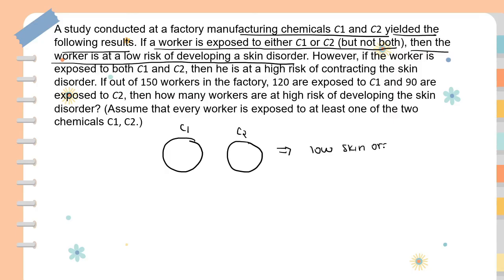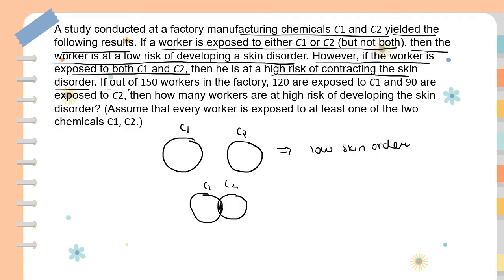Okay, so he will not feel any harsh impact of chemicals. However, if the worker is exposed to both C1 and C2, so let us assume there are some workers who are exposed to both C1 and C2 here, then he is at high risk of contracting the skin disorder.